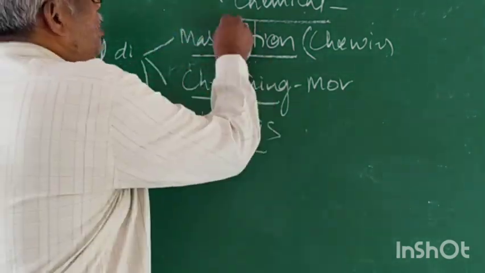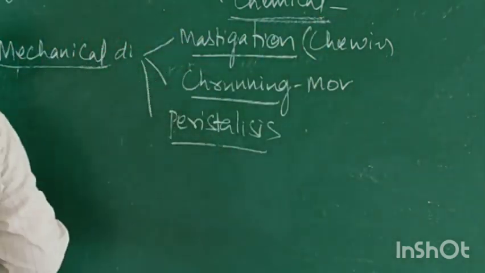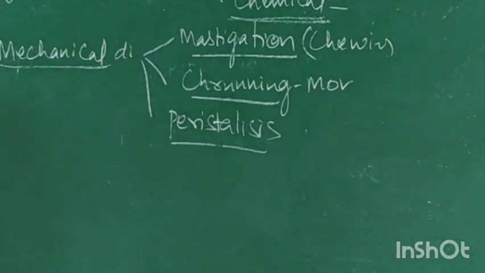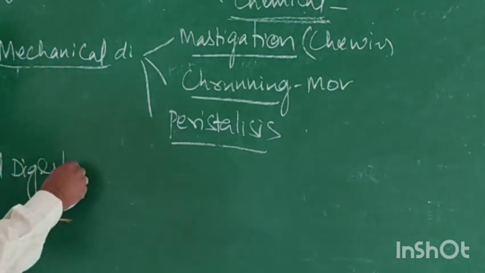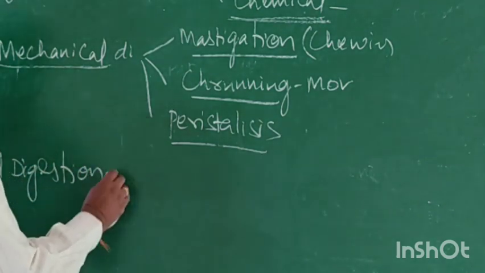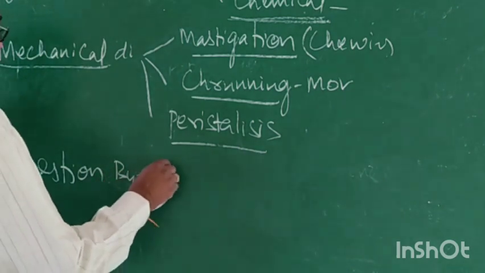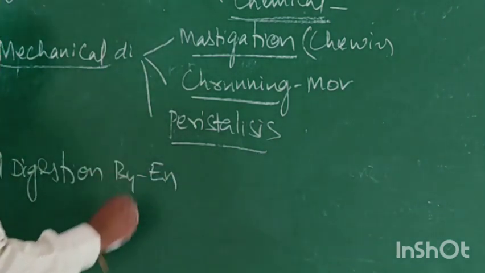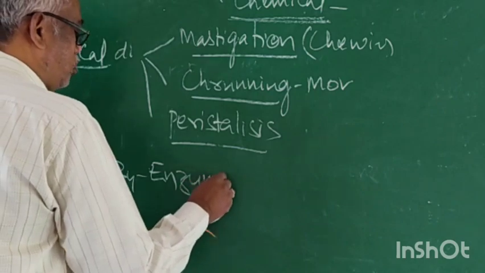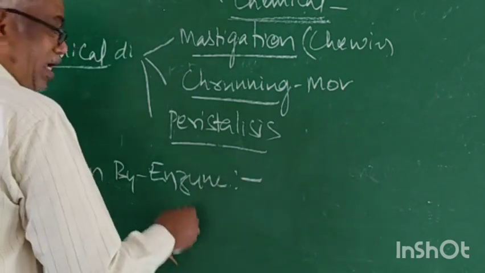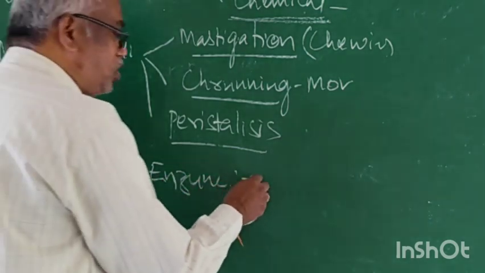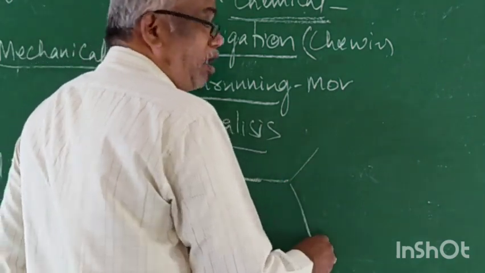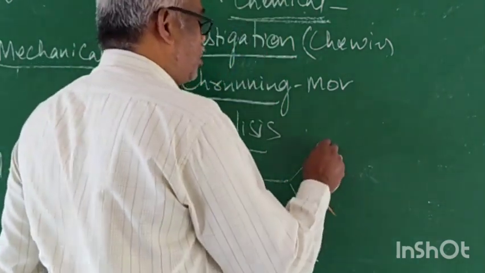Now come to chemical digestion, that is enzymatic digestion. Chemical digestion is by enzymes, not without enzymes. This enzymatic chemical digestion is again of two types.